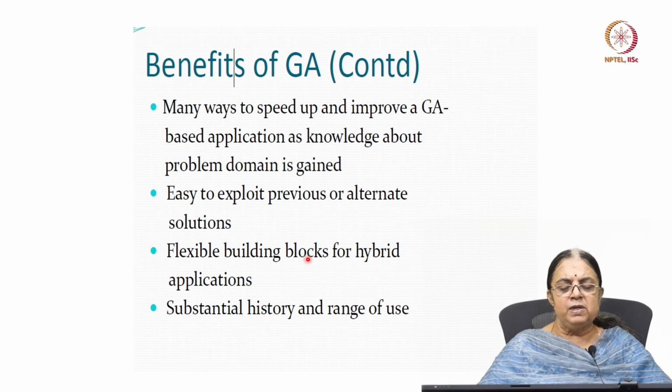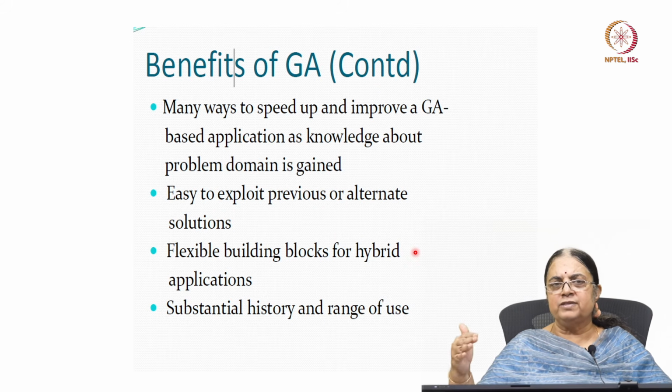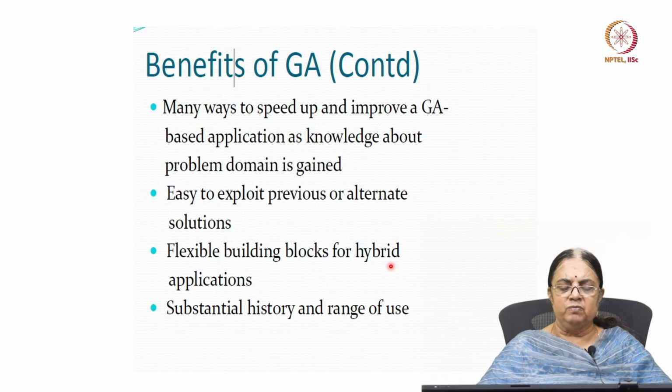And flexible building blocks for hybrid applications. So what you can do is that there are many applications where instead of using those algorithms, say, to find weights, for example, if you take a neural network, and in the neural network you need to find the weights in all the edges in the neural network, you can use the GA to find the weights of your neural network. Okay, what are the best weights that you can use? So in this way you can use hybrid methods.